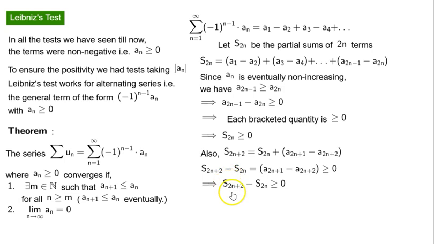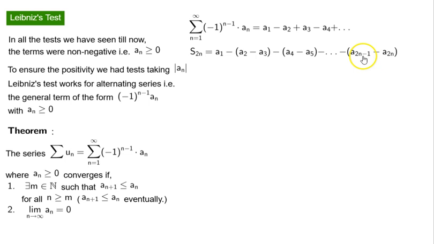Which means S sub 2n plus 2 minus S sub 2n is greater than or equal to 0, which implies S sub 2n plus 2 is greater than or equal to S sub 2n. So the sequence of partial sums S sub 2n is a monotonically increasing sequence.